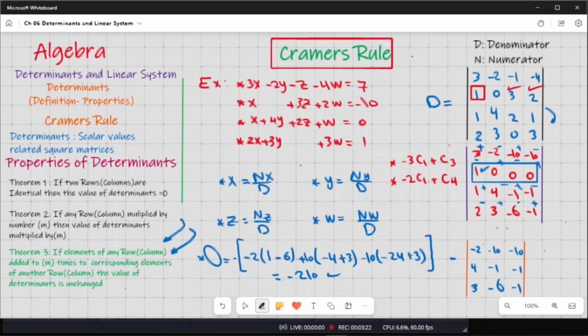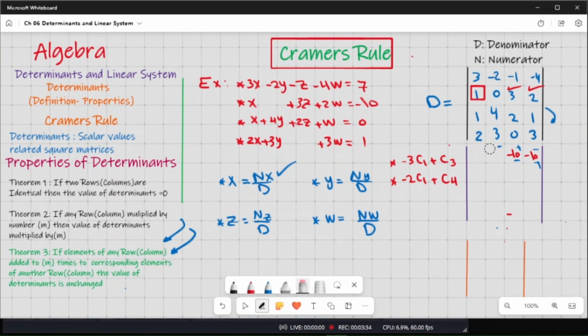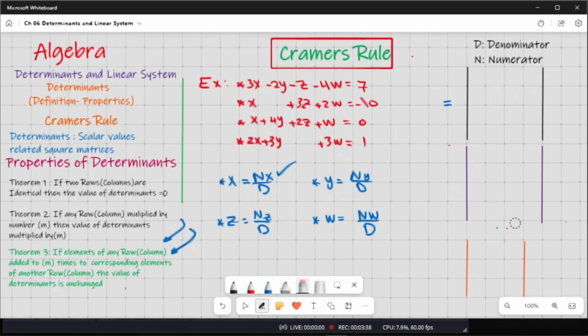So let's move to nx. D equal to negative 210, and move to nx.